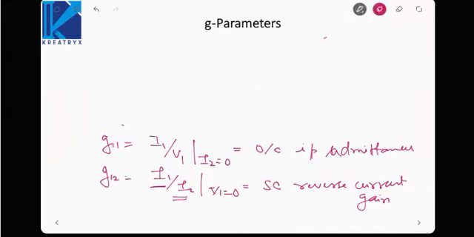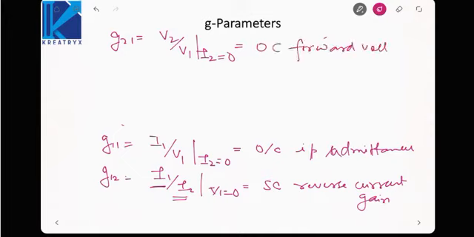The next parameter will be G21. How will G21 be defined? It is V2 by V1 given that I2 equal to 0. So it will be the open circuit forward voltage gain, because it is taking the voltage at the output port upon the voltage at the input port.